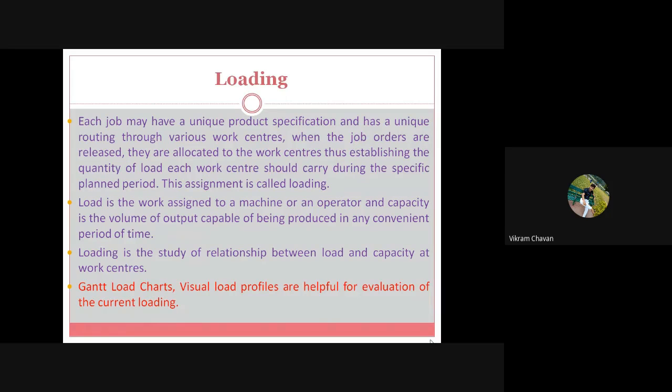The last date is 30th September without late fee, and after that the late fee will start. It is compulsory for everyone. Because the college is providing, if you have a positive GATE score, then half of the charges will be provided by the college side.